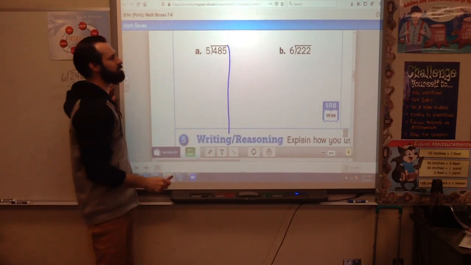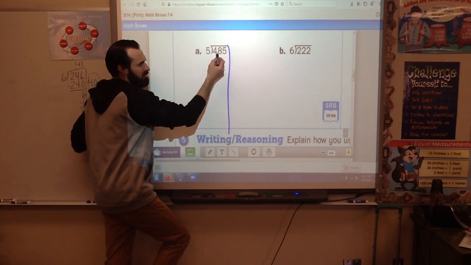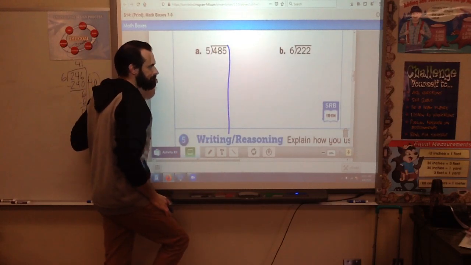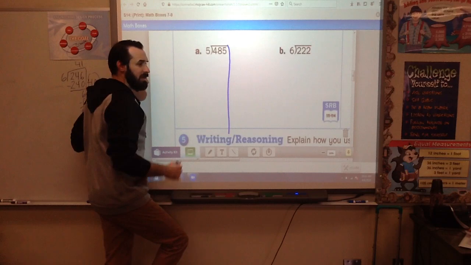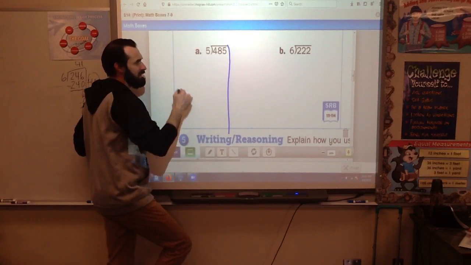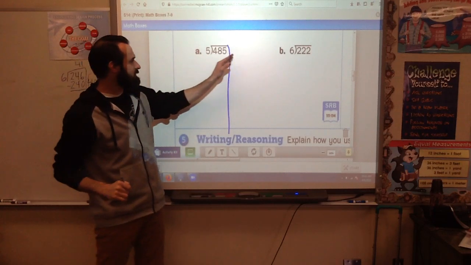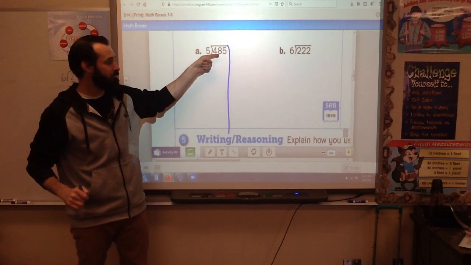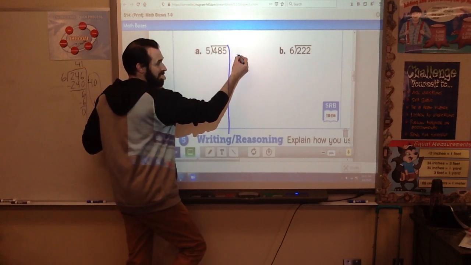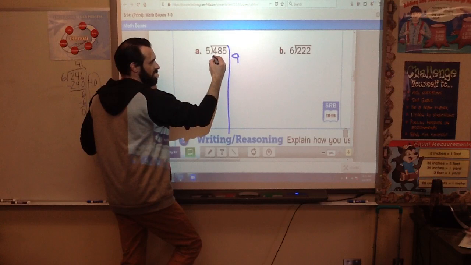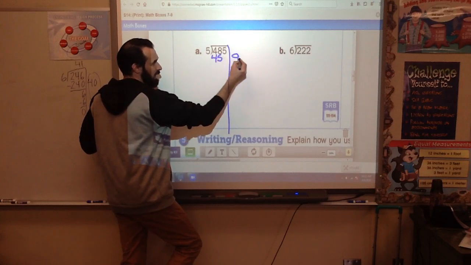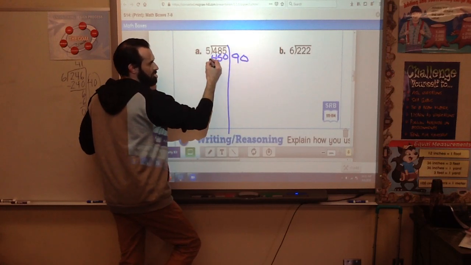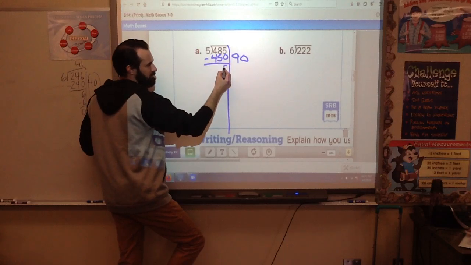485 divided by 5. 5 can't go into 4, so I have to think about the 48. And again, you might have different steps than me. I know I can't do 10 because 5 times 10 is 50, and that's bigger than 48. But what that does tell me is that I could do 9, because 5 times 9 is 45, and subtract. 5 minus 0 is 5, 8 minus 5 is 3.